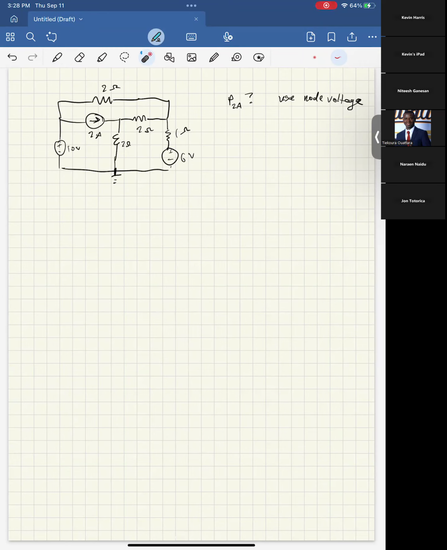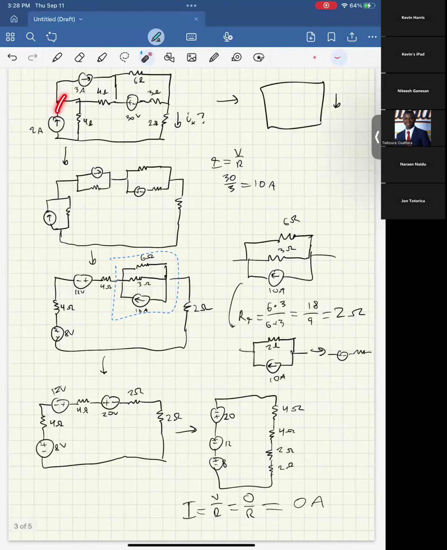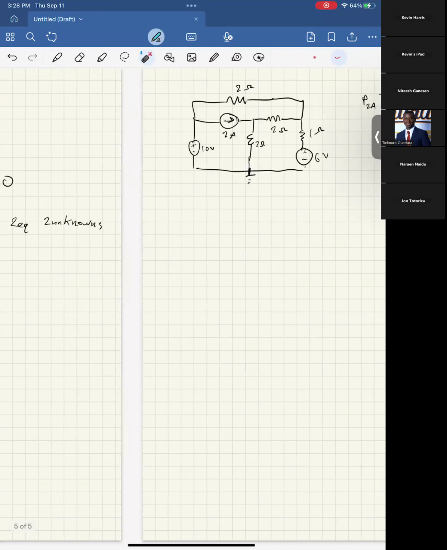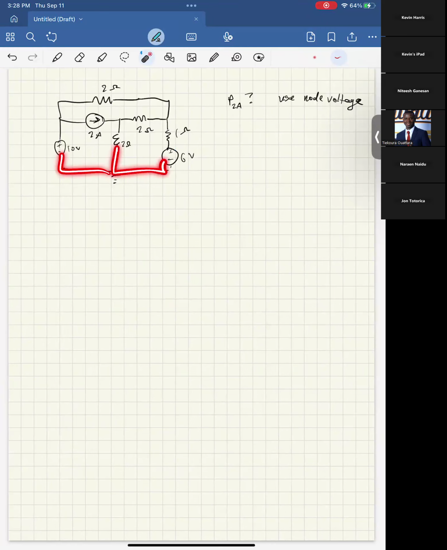By that I mean what I was saying back here, where we have 4 things touching. In this case, there's actually only 3 things touching on this bottom path, so it would be just as good to put ground here or to put ground here. It would all be the same, but just for simplicity of looking at it, it makes sense if 0 volts is on the bottom because it's going to be the smallest number.